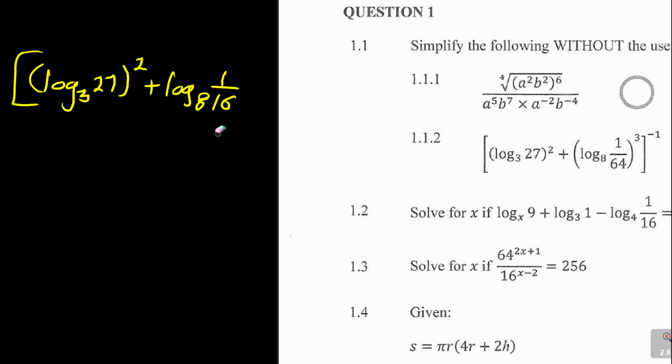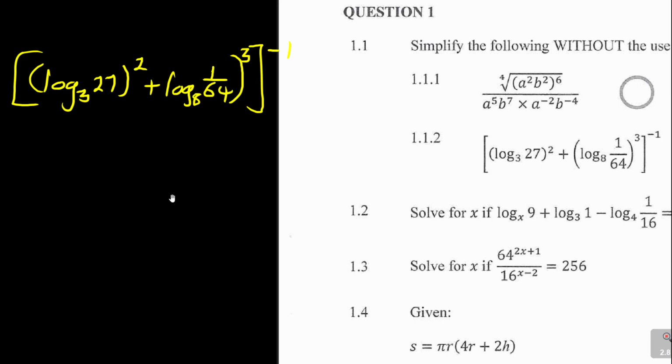I just want to write this, you just need to be careful how you write this. So log in base 8 of 1 over 64 and then to the power of 3, which is to the power of negative 1.